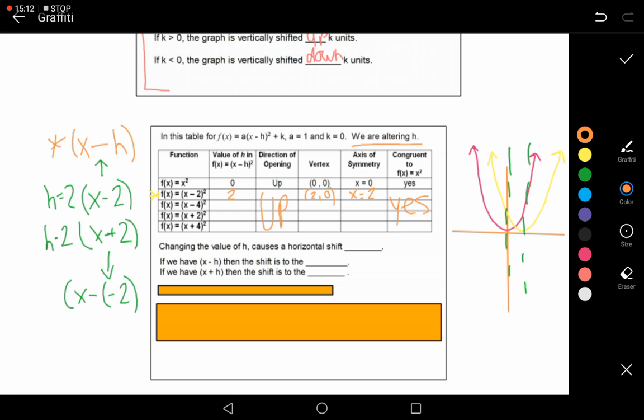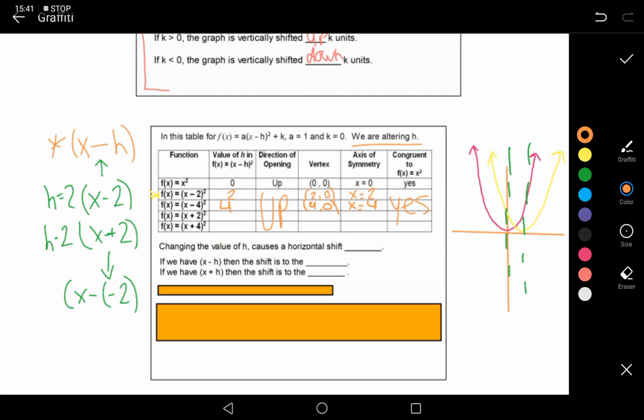Remember, although that shows as a negative, it's actually positive because of what I showed you on the left here. So in this case, h is equal to 4. Our vertex, you're going to see a trend here, is going to become 4, 0, which means our axis of symmetry is now going to be x equals 4.